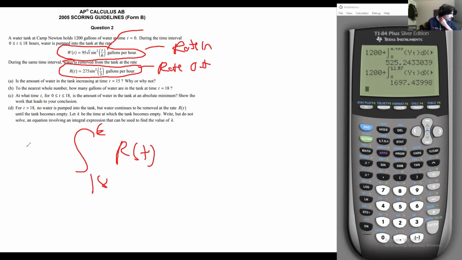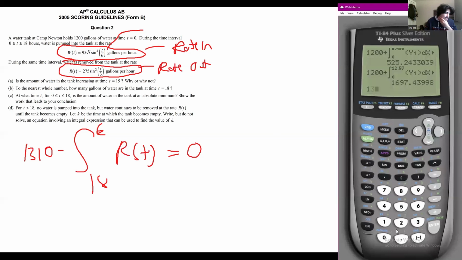We subtract this from 1310, because we initially started with 1310, and that's why we should end up with 0. Why 0? Because it says the tank becomes empty. So we're just going to subtract this rate out until we don't have any water anymore. It's asking for this k value. Basically, you would solve this integral.